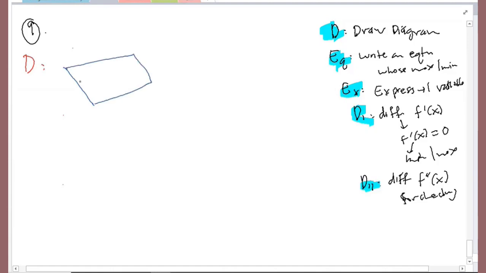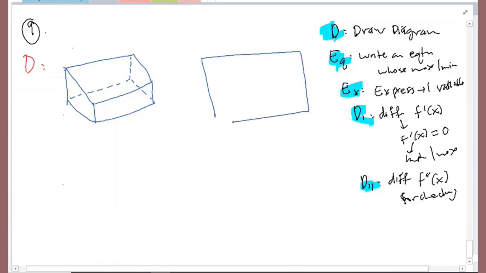It is formed from a rectangular piece of cardboard, 3 inches by 8 inches, and we ask what size square should be cut.